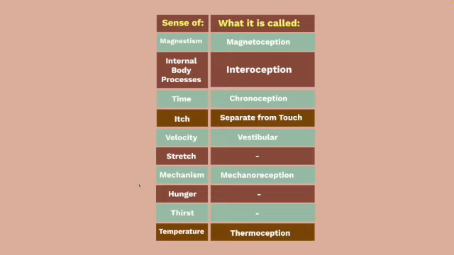Here's the others. Magnetism, can you sense that? You know, this morning Johanna was putting her hands near you, and we can sense magnetism. Interoception, sense of time. Chronoception, wow. They don't have a name for the sense of itch. Who was feeling that the other day?